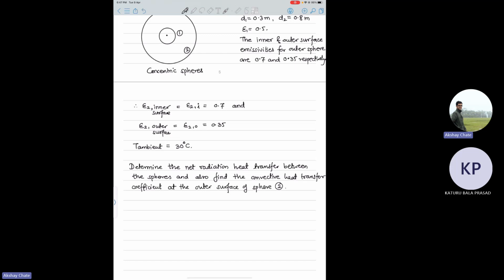So this is a two-part problem. First, you need to find the net radiation heat transfer between the spheres, and then you need to find the convective heat transfer coefficient on the outside of sphere 2. So this is a problem where two modes of heat transfer are also considered.